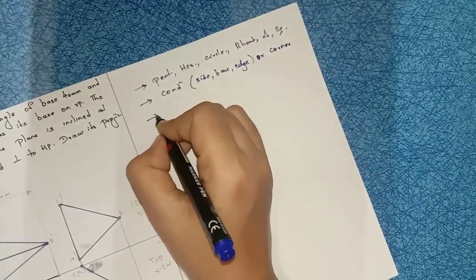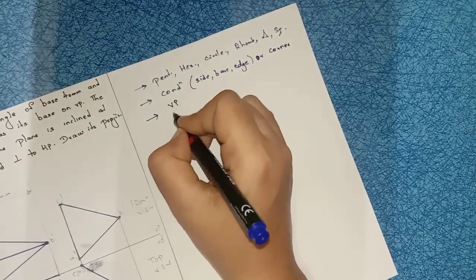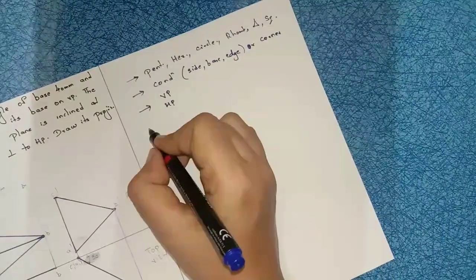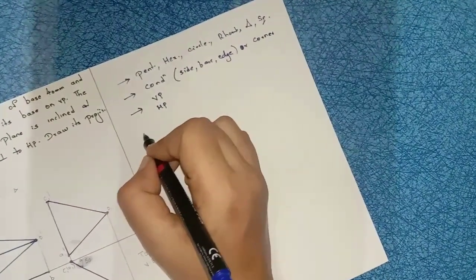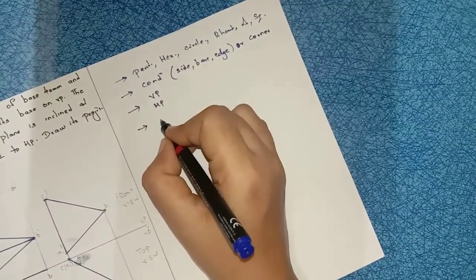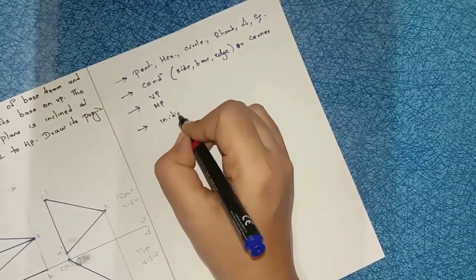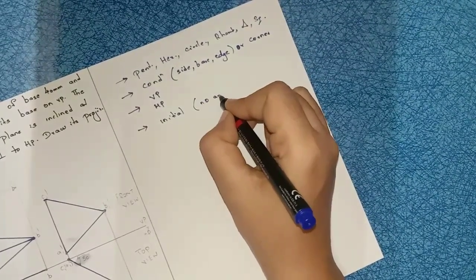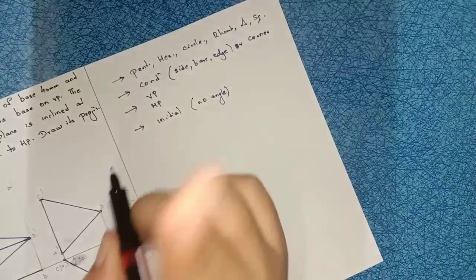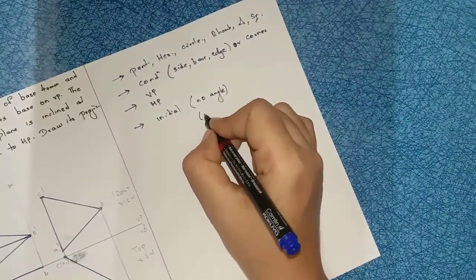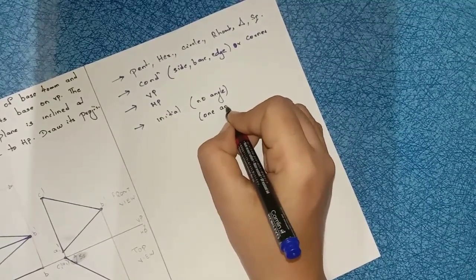Then where we have to start the problem, in the vertical plane or in the horizontal plane. When we started the initial problems, they did not mention any angle, so we did only one step, the initial position. Here in the question they mentioned only one angle.